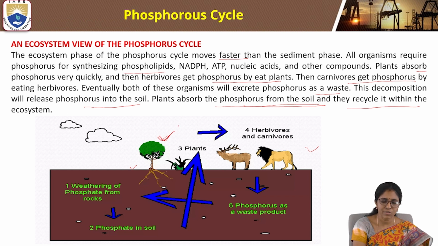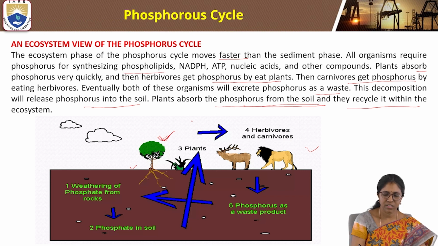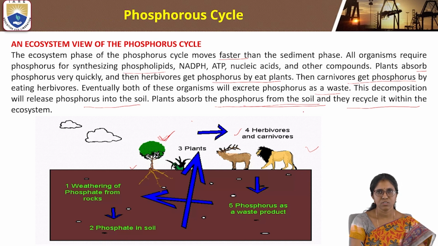Then the carnivores get phosphate by consuming herbivores. Eventually the herbivores and carnivores excrete phosphorus as waste. When they die, they decompose back into the soil and give the phosphorus back to the soil.